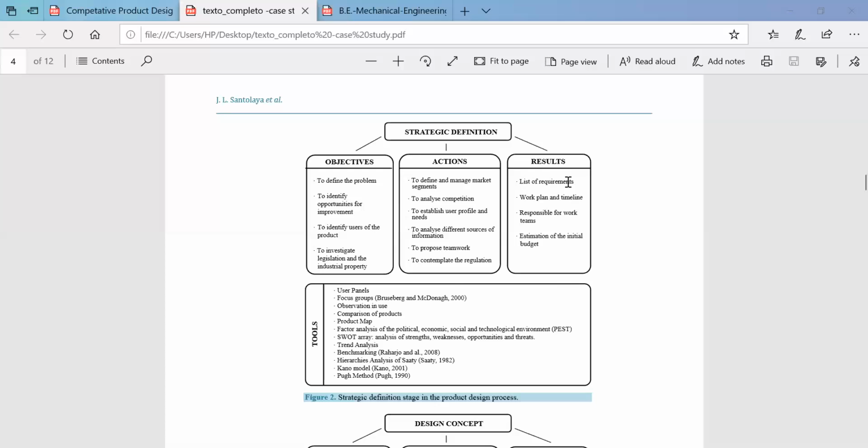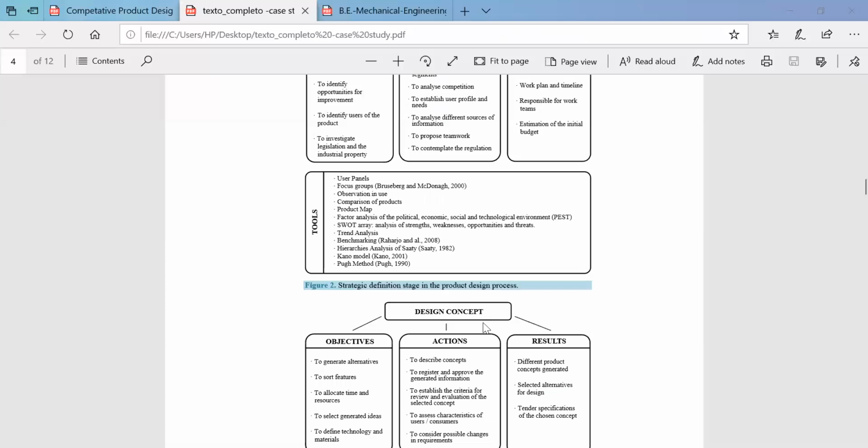You have to see whether these are available, and whether the work plan is scheduled properly. You have to check whether the team needed for this task is available, and also whether the budget needed to complete the project is sanctioned or not. If all these are done successfully, then only we can go for the design concept, or else it will be very difficult.